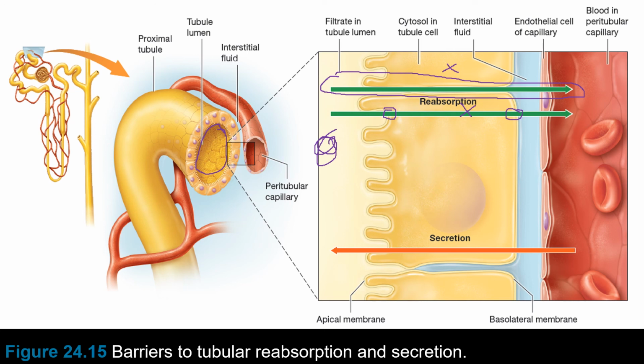And again, secretion is the opposite, typically an active process, as this toxin or whatever is pulled out of the blood and transported through the basolateral membrane, through the apical membrane, into the lumen of the tubule. And you can see that this is the proximal tubule in the nephron.